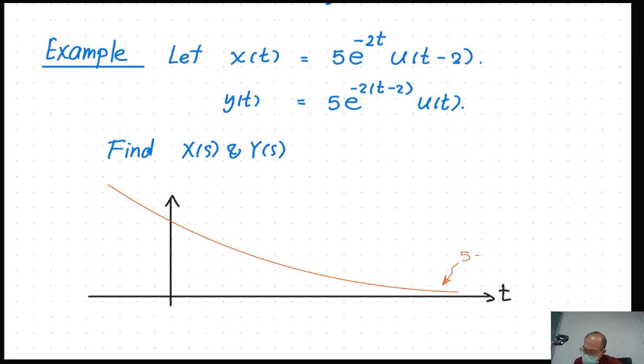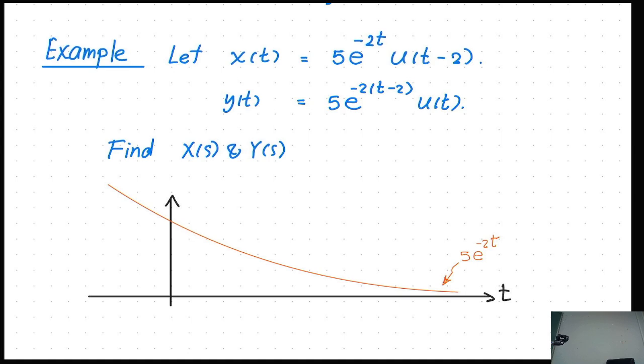This thin line is 5 e to the negative 2t. Now, for x, the u(t minus 2) means that the graph of x should start at time 2.